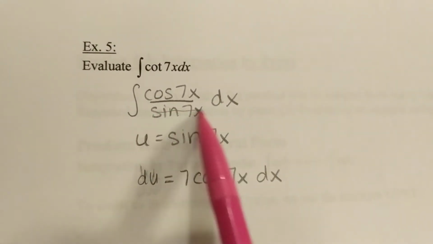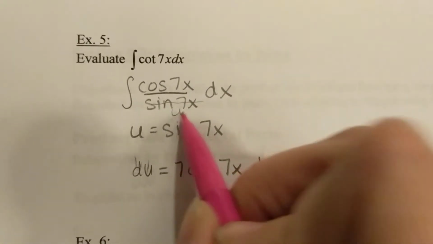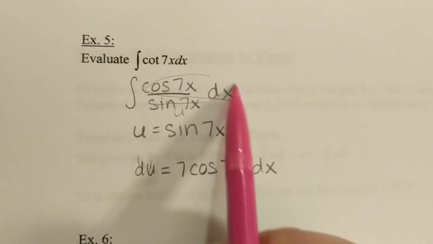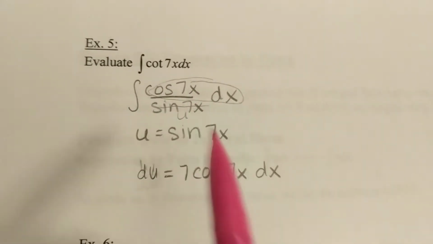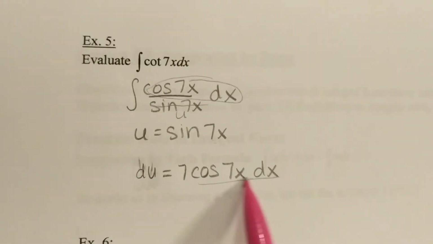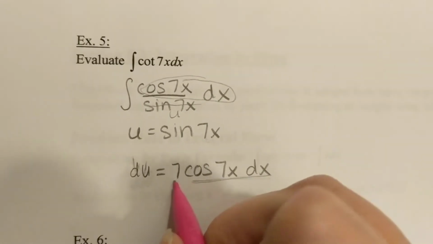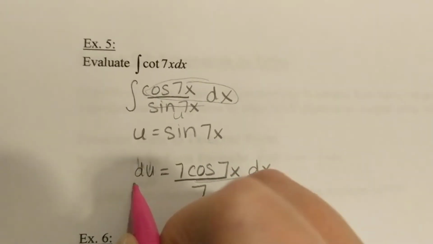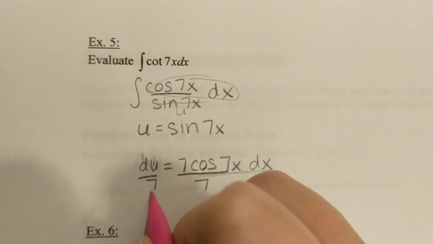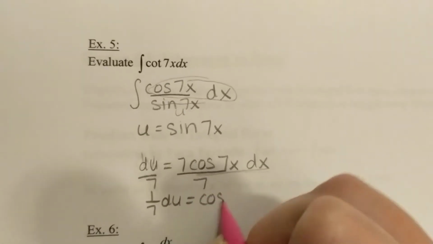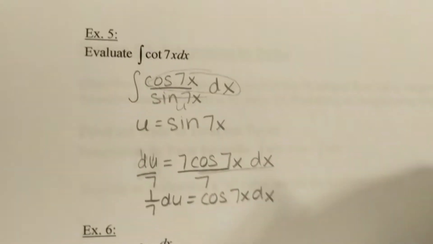Now, we said this part is u, and I want you to notice what we're left with here is cosine of 7x dx. There's my cosine of 7x dx. I have a 7 standing in my way, so I have to divide by 7. So we've got this 1/7 du equals cosine of 7x dx.